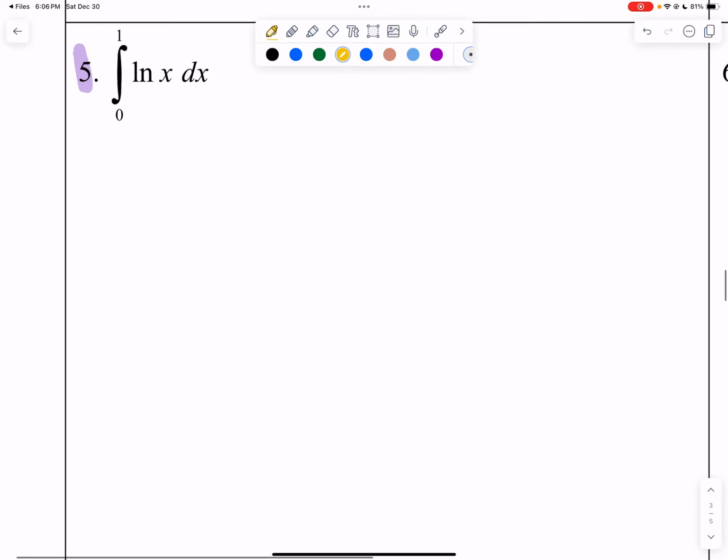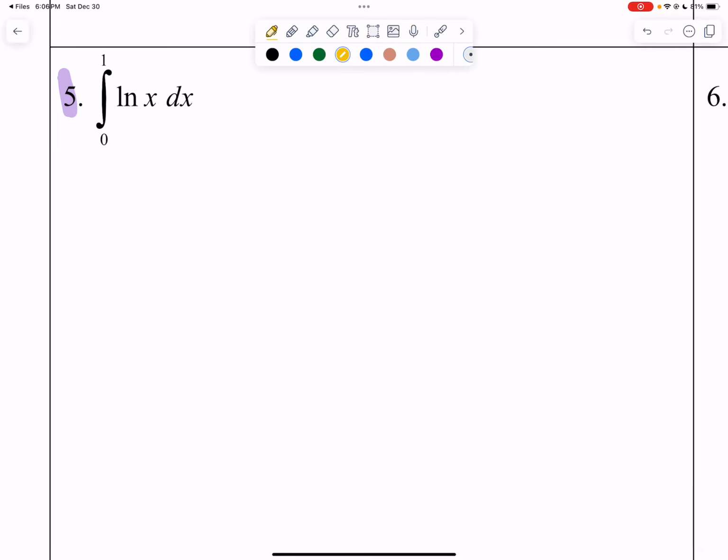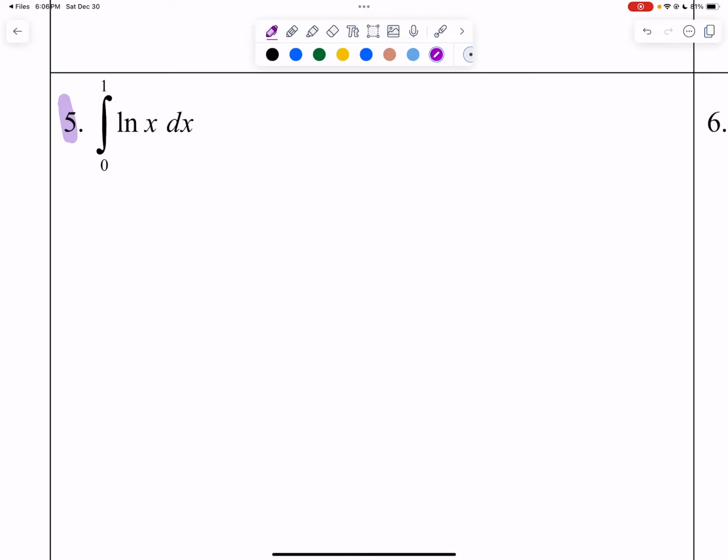Let's do 5. 5 is an integration by parts problem. So we have to use parts here. But before we do that, let's go ahead and write my limit notation first. Remember that this is ln of x, so it looks like that. Your 0 is where we have my vertical asymptote.